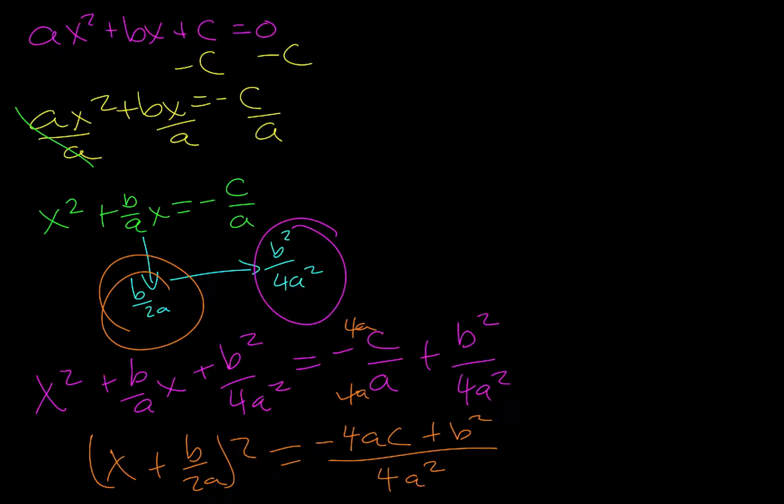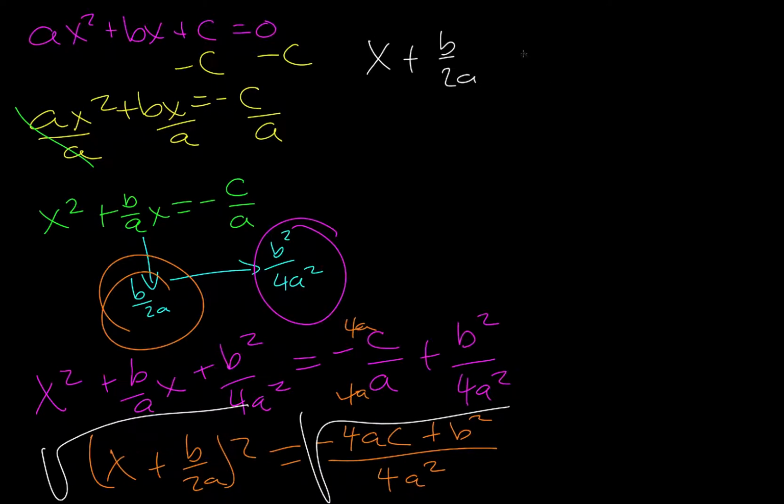Alright, now moving up to the top right here, what we're going to do is solve for x. So I need to square root both sides. And so I get x plus b over 2a equals plus or minus the square root of negative 4ac plus b squared, all over 4a squared.